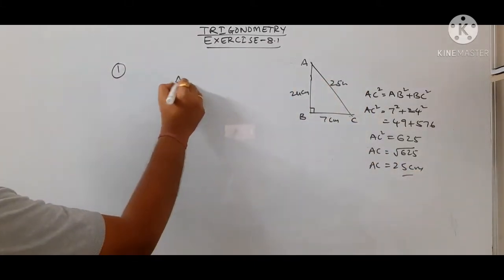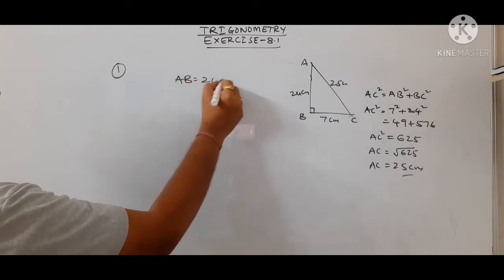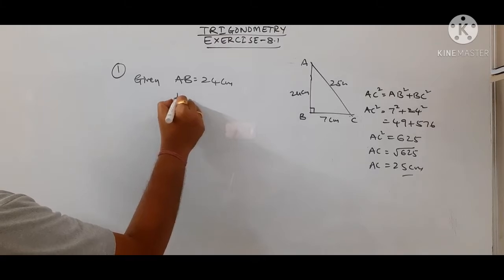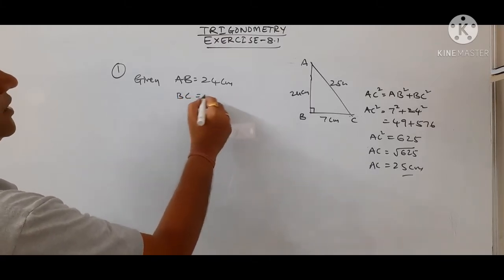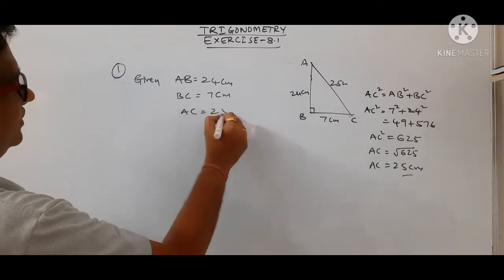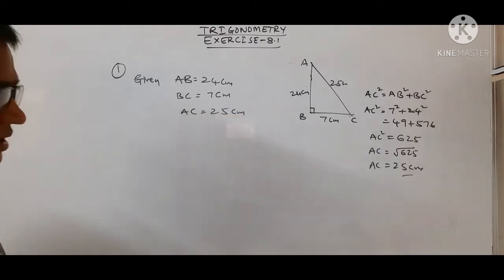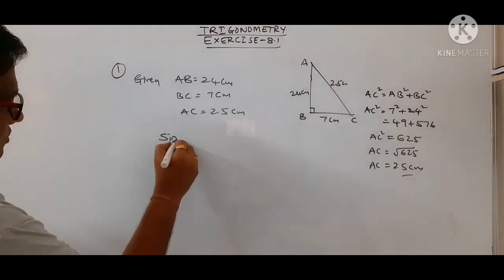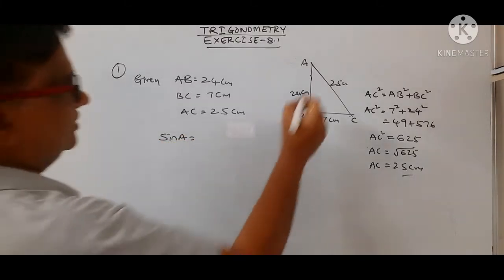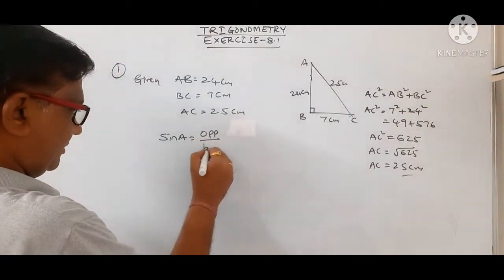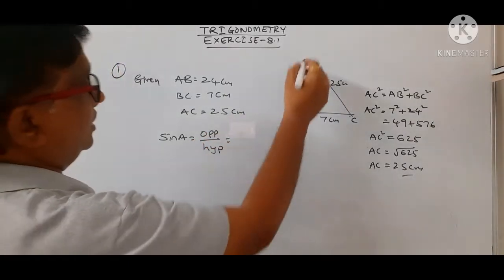So here AB, 24 centimeters, is given, and BC is 7 centimeters. So we get AC is 25 centimeters. Now sin A. What is sin A? This is the angle A. Opposite by hypotenuse, this is the formula.